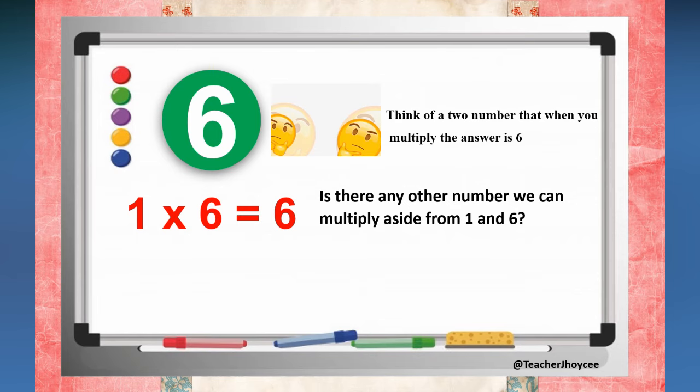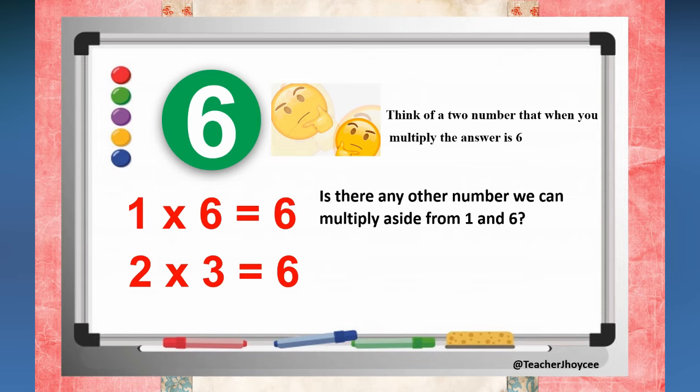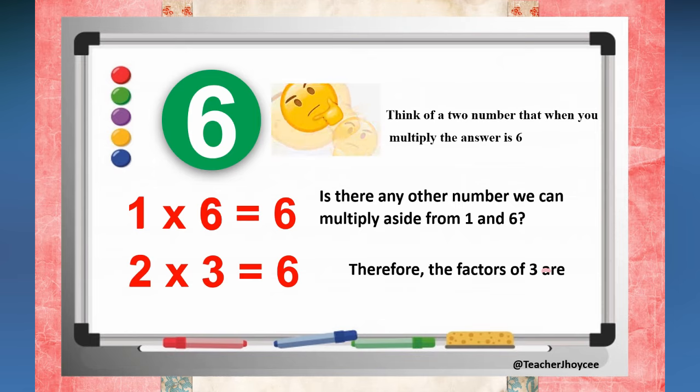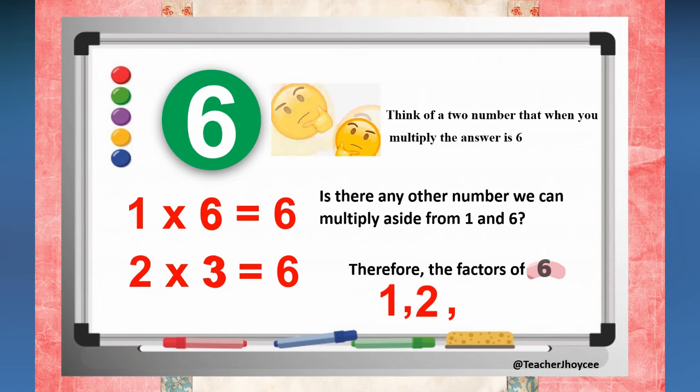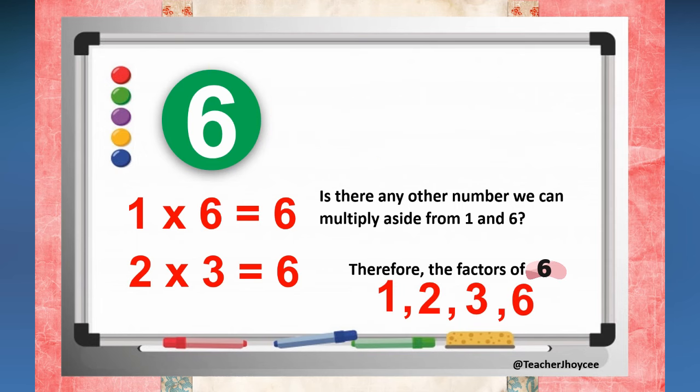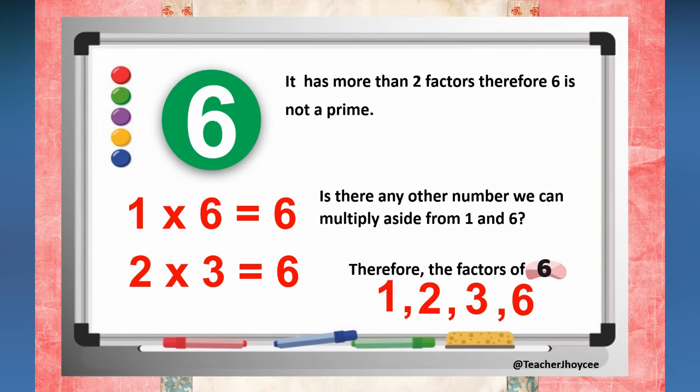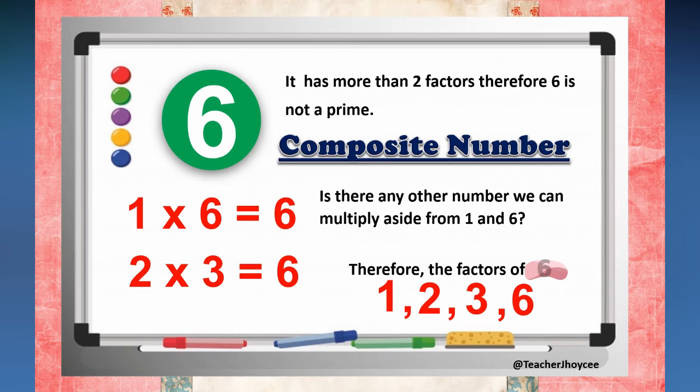Yes, it's 2 times 3, which is 6. Therefore, the factors of 6 are 1, 2, 3, and 6. 6 has more than 2 factors. Therefore, 6 is not a prime. If it is not a prime, it is a composite number.